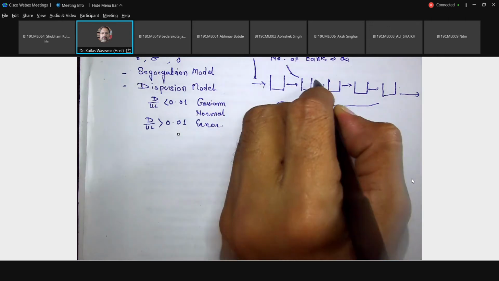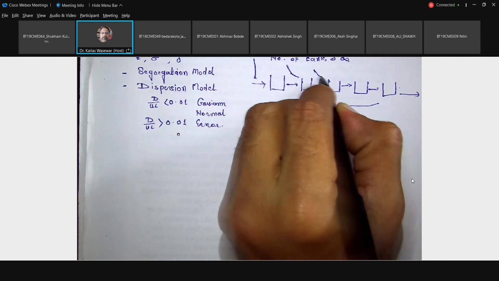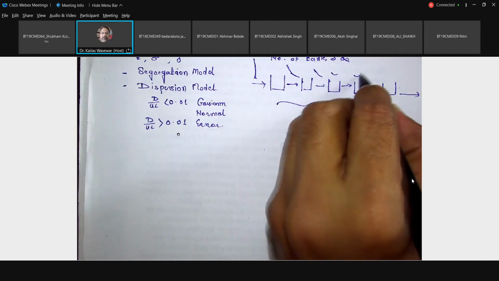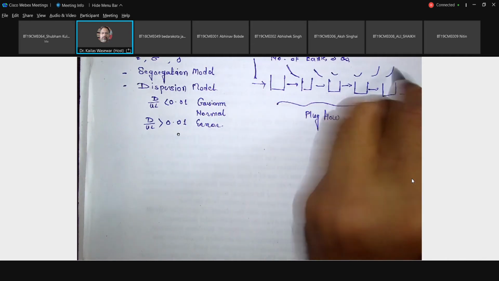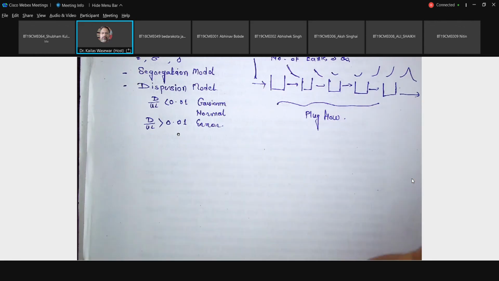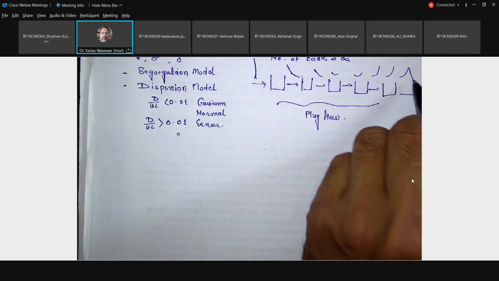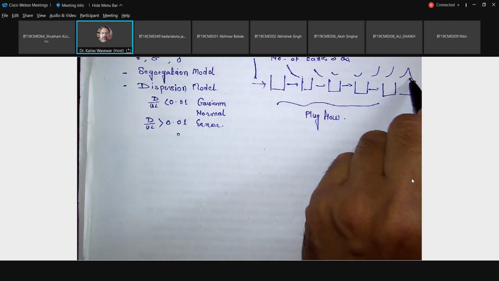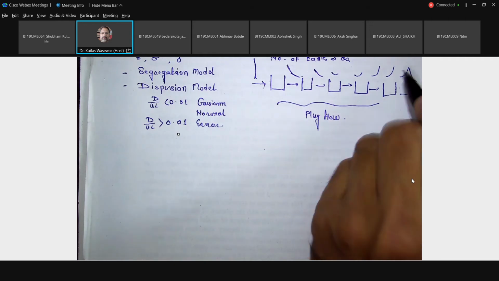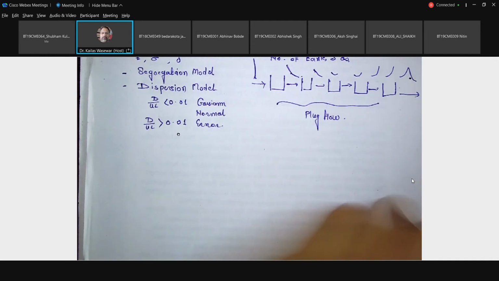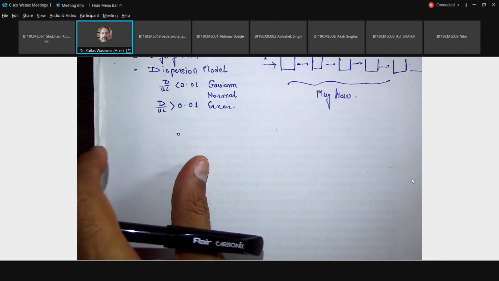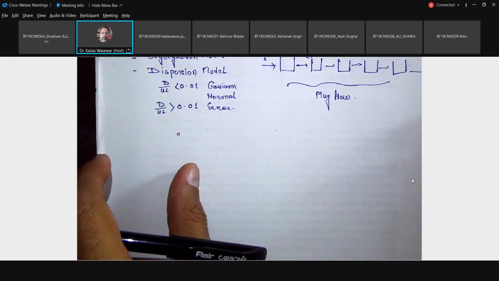So this will come down like this, and then it will move like this slowly, and then again like this. So if the number of tanks is more, then finally the tracer measurement peak will be like a plug flow reactor. So this is the simple approach for the tank in series model.